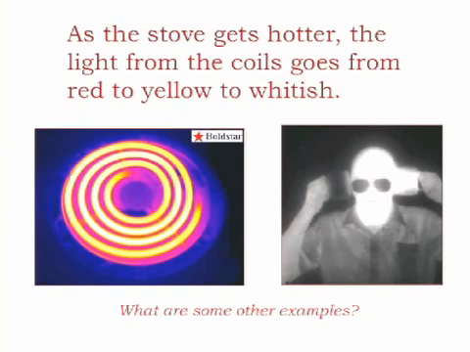Now, he's got two cups, one containing hot water, one containing cold water. This camera takes a picture at about 10 microns wavelength, and it shows him very clearly. He's glowing at 10 microns. But so is this cup. And this cup is not glowing.